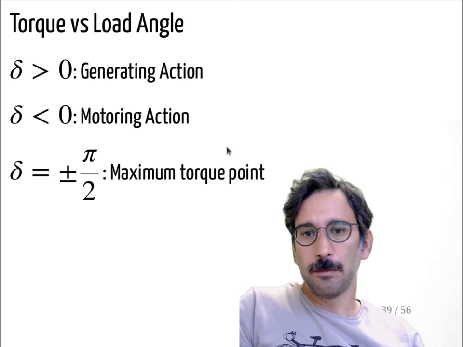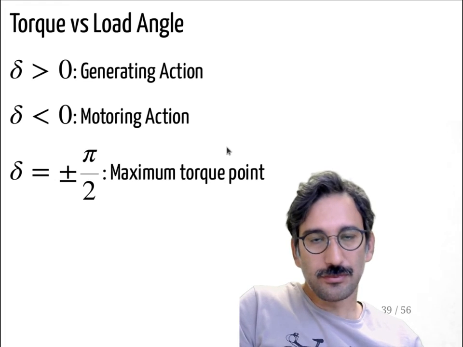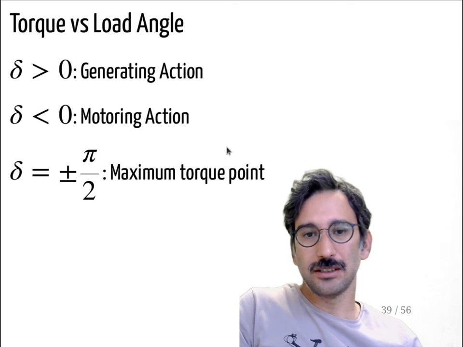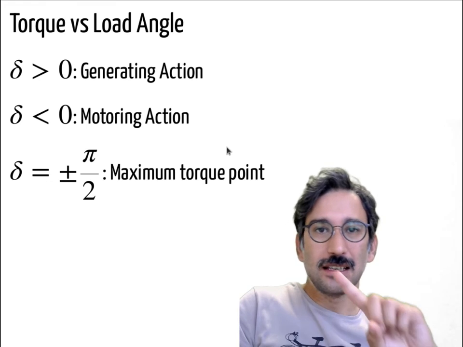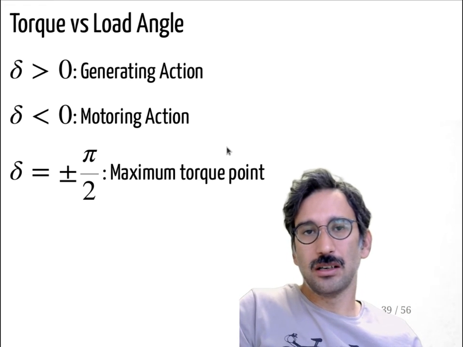But the important thing is you can generate maximum torque at plus or minus pi over 2, at 90 degrees. That is the maximum torque point. And again, this is not the actual mechanical angle. Here we are talking about the electrical angle.